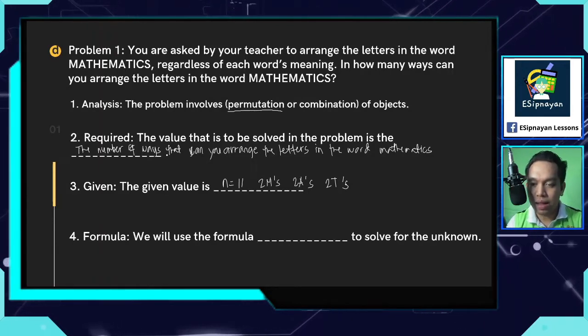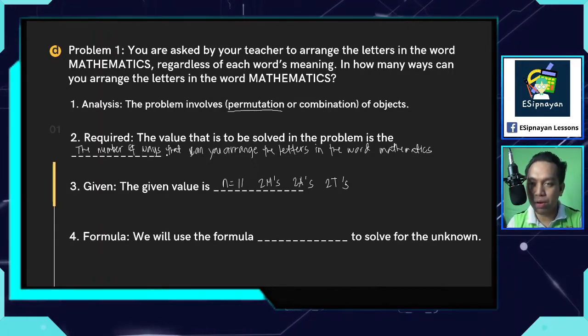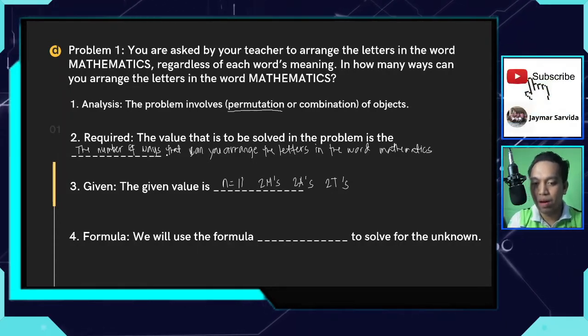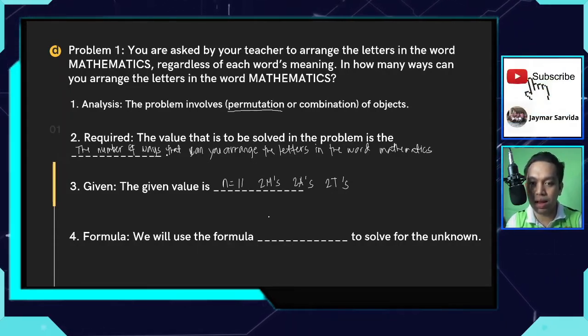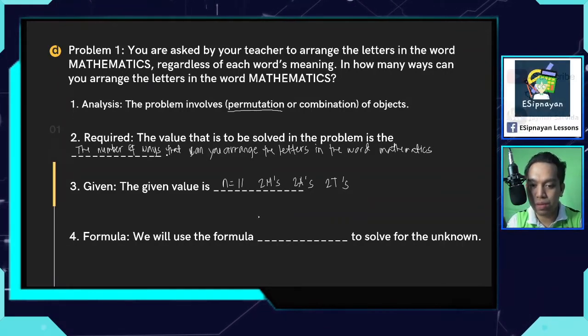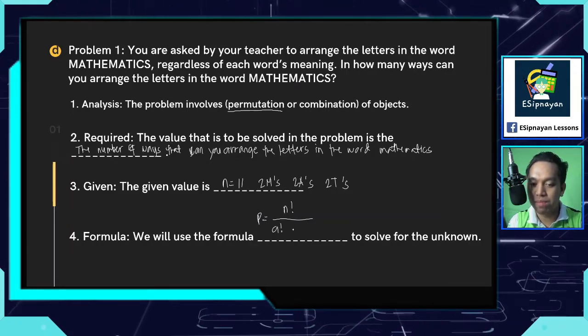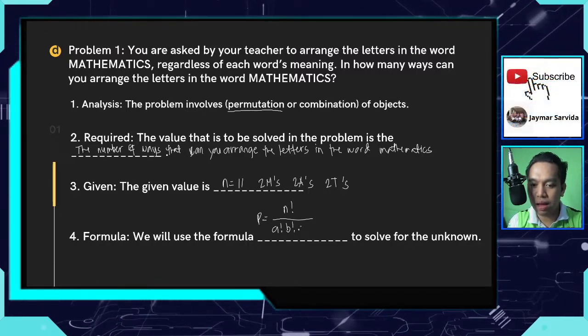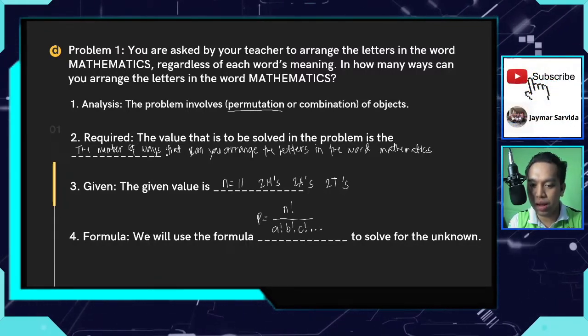Next, identify the formula. So ano ba yung formula na ating gagamitin dito to solve for the unknown? Yung formula na gagamitin natin is yung formula ng distinguishable permutation, which is P equals n factorial over a factorial times b factorial times c factorial, so forth and so on.